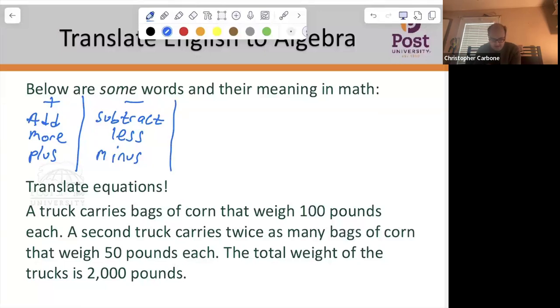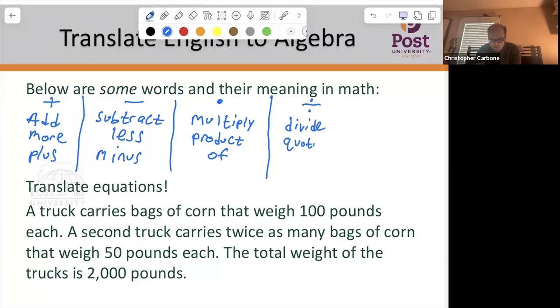For multiplication, and I'll express that as a dot, this would be multiply, product of, things like that. For division, that'll be divide, quotient. And for an equal sign, that'll be equals, is, things like that.